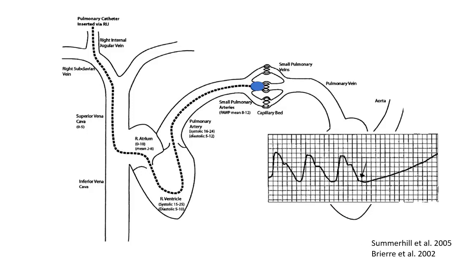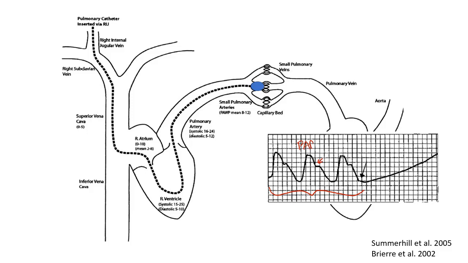Now, what if you see this tracing? Let's say at this point here, we're advancing through the PA, so this is our PA pressure tracing, right? We see the dicrotic notch. It looks like an A-line, right?